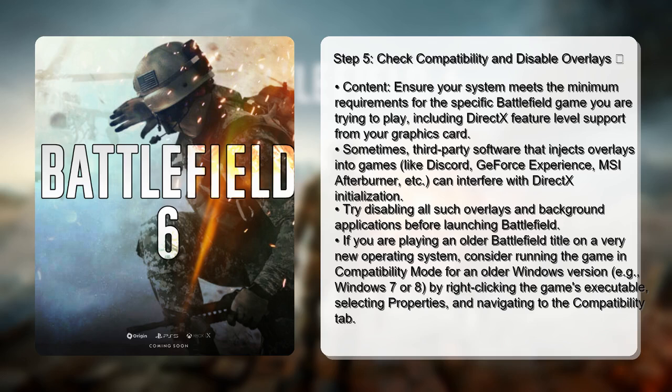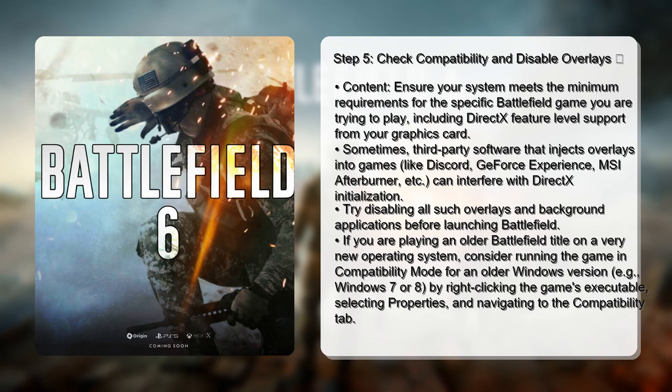Step five, check compatibility and disable overlays. Content: Ensure your system meets the minimum requirements for the specific Battlefield game you are trying to play, including DirectX feature level support from your graphics card. Sometimes third-party software that injects overlays into games, like Discord, GeForce Experience, and Afterburner, can interfere with DirectX initialization.